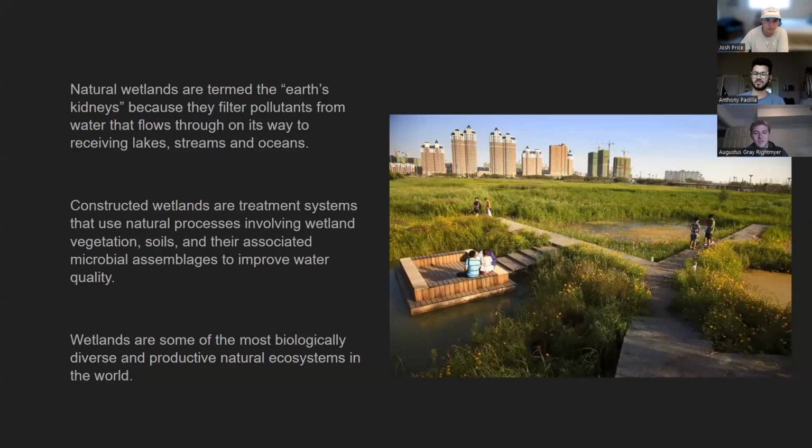All right. So constructed wetlands are like Earth's kidneys, or nature's kidneys. They filter pollutants from waterways and send cleaner water into natural lakes, streams, or oceans. Wetland design uses biomimicry to imitate novel ecosystems, and they can be some of the most biologically diverse and productive natural ecosystems in the world.